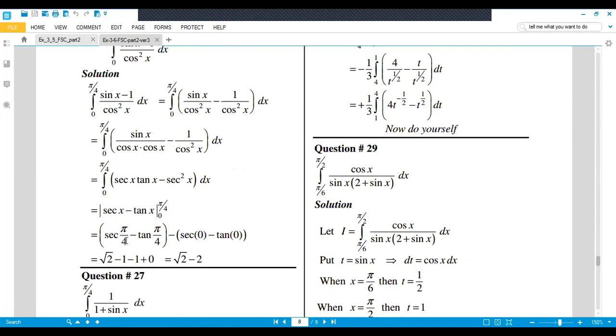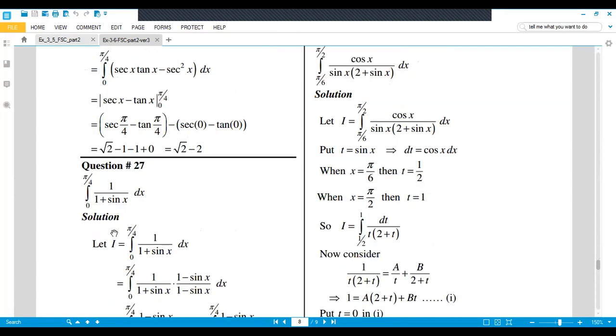So you put pi over 4 in secant x and tangent x in place of x, and then minus 0. Secant pi by 4 is root 2 and tangent pi by 4 is 1. Secant 0 is 1 and tangent 0 is 0. So you get root 2 minus 2.